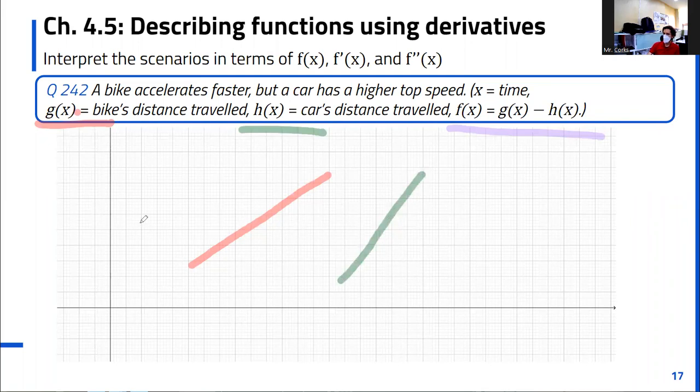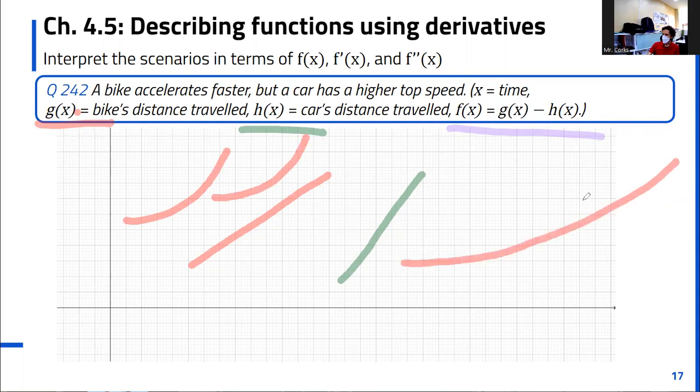But when the bike is starting, its rate of acceleration, the amount that it curves, could be very slightly curved or extremely curved. That's the acceleration rate. So the bike curve should be more curved than the car's curve. It's a steeper rate of increase. So let's see if we can represent that.